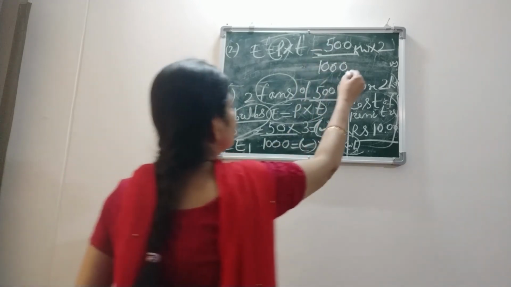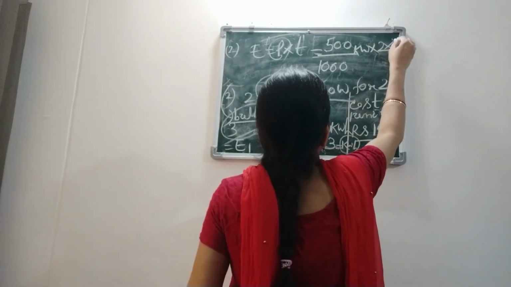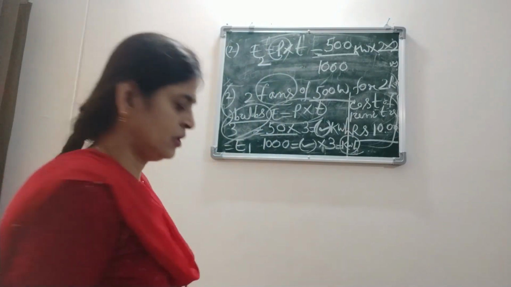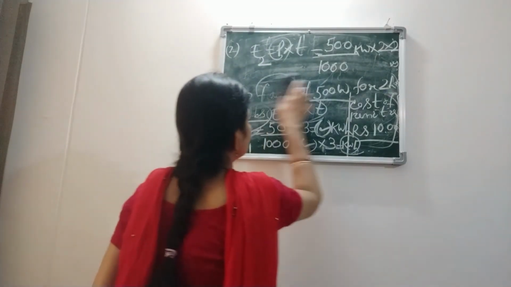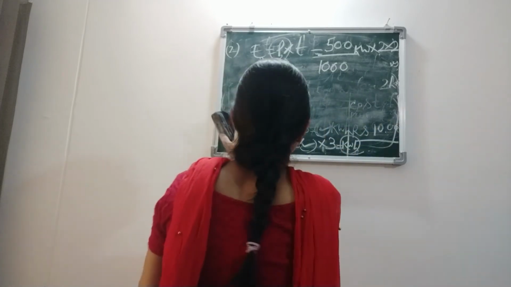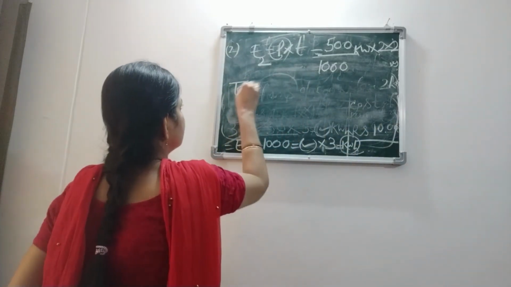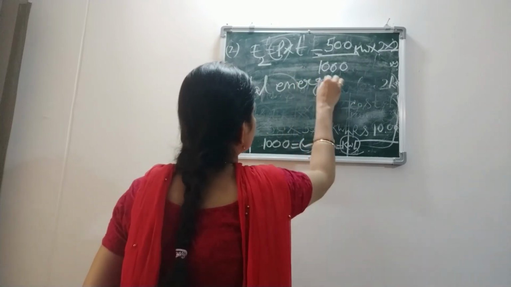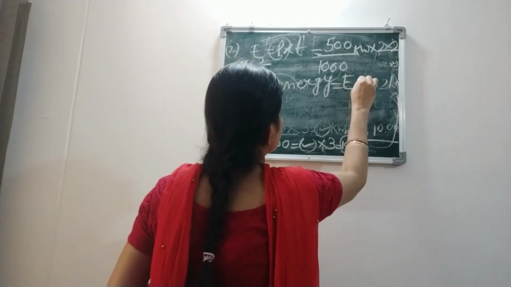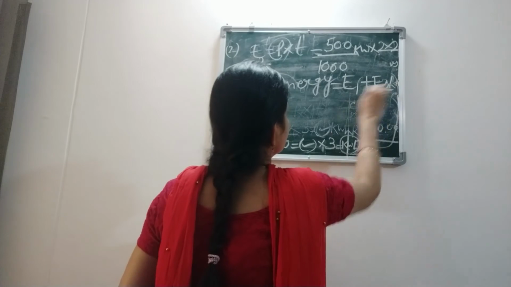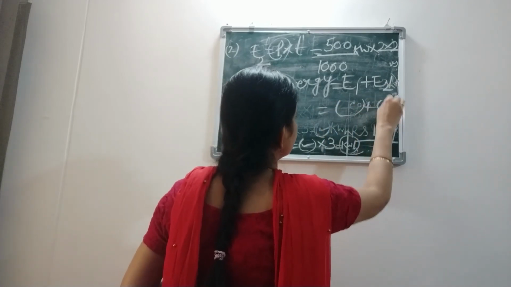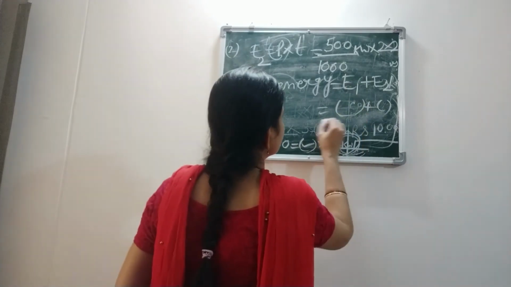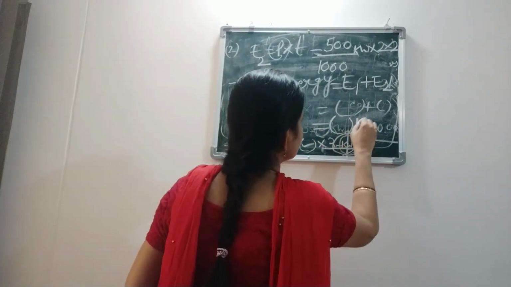So you have to multiply with the 2. That is equal to suppose E2. Now find out total energy. Total energy is equal to E1 plus E2. Now you can put the value of your E1 and E2. That will be a total energy.